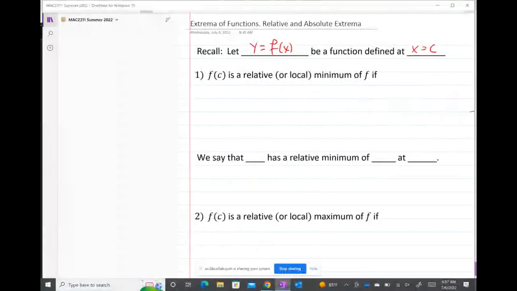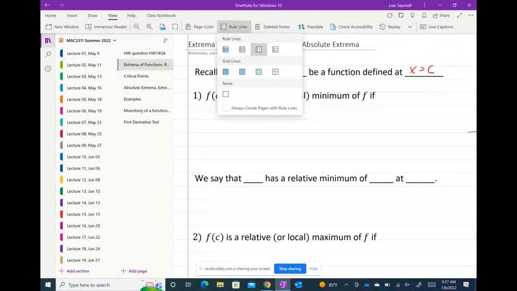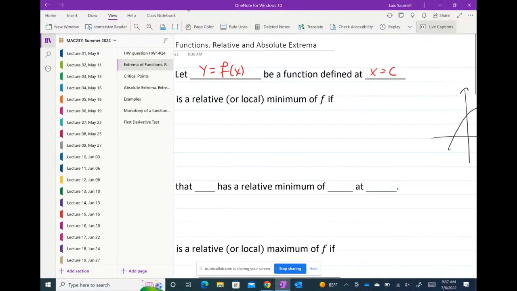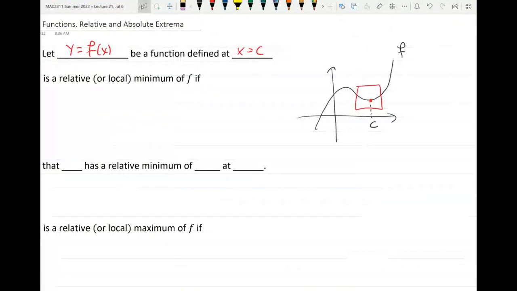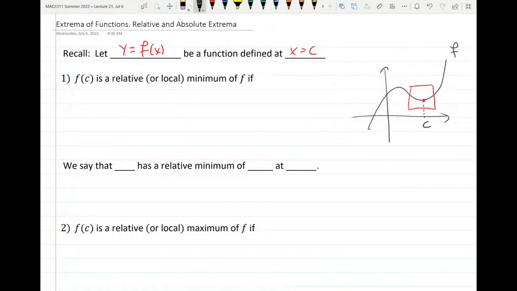So I need to talk about zooming in and just restricting ourselves to a piece of the function, and we can do that by just talking about an interval. In other words, how do we define that little square that you see in the picture? Well, that's just an interval I. So f of c is a relative minimum if there is some interval containing the point c for which the value of the function at c is the smallest one.